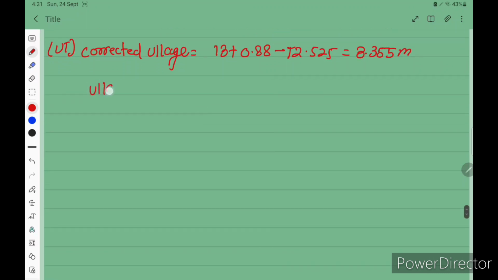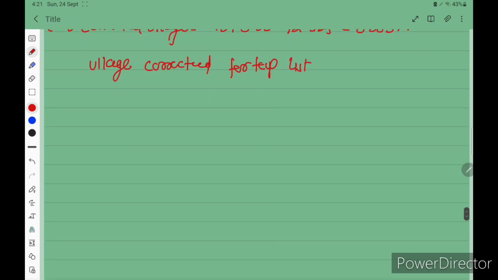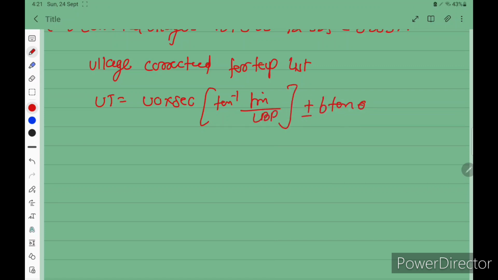Now, ullage corrected for tape and list, because there is no trim. So UT is equal to UO into sec of tan inverse of trim by LBP, plus or minus B tan theta.